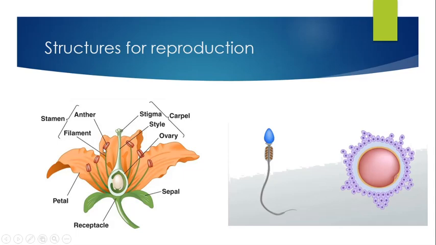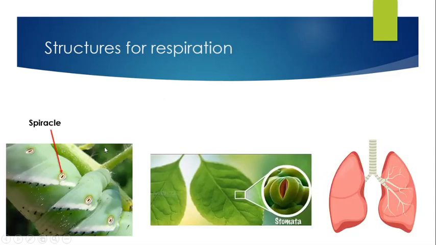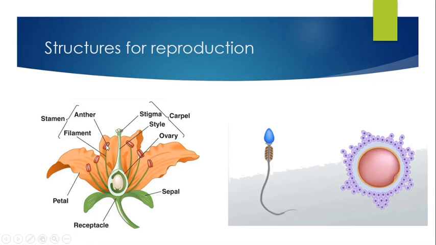When these insects do pollination here, the pollen is transported from here inside the style to the ovary, and it reaches the ova or the egg. The fertilization occurs in the ovary. Then this leads to a fertilized egg, which leads to the production of a seed.